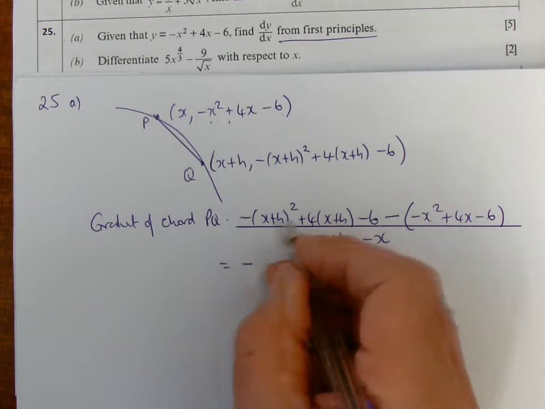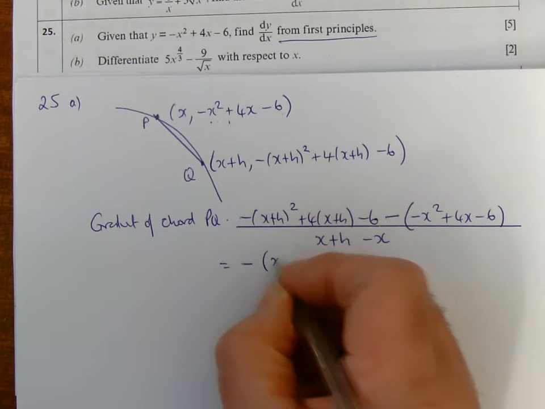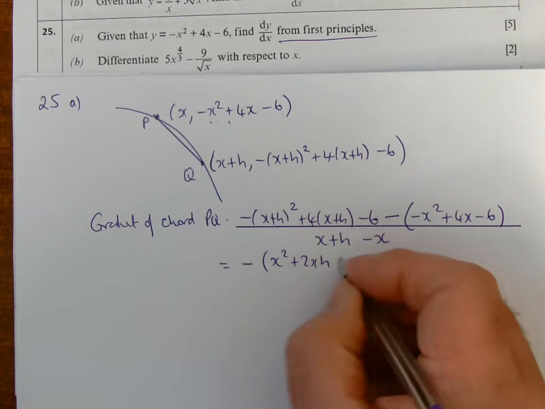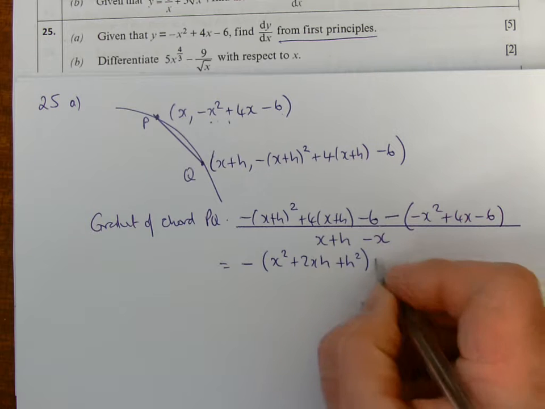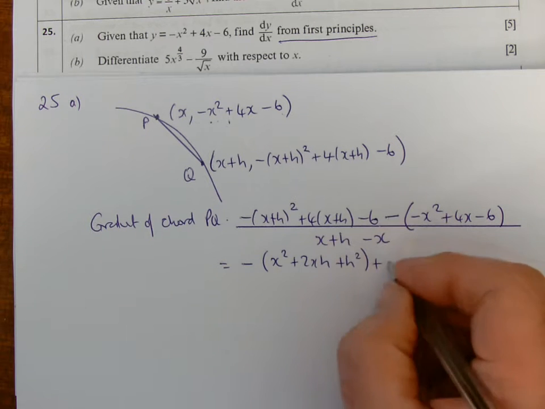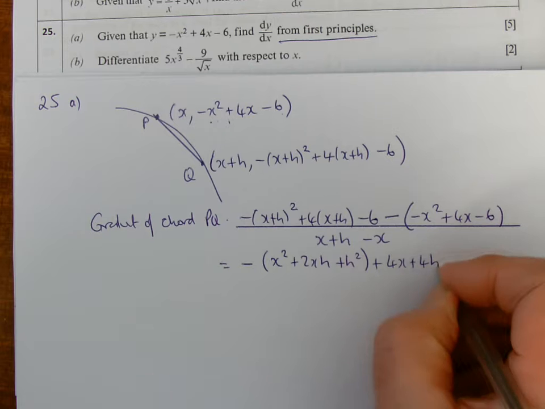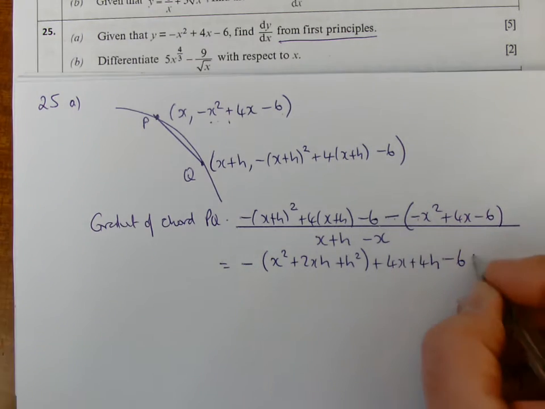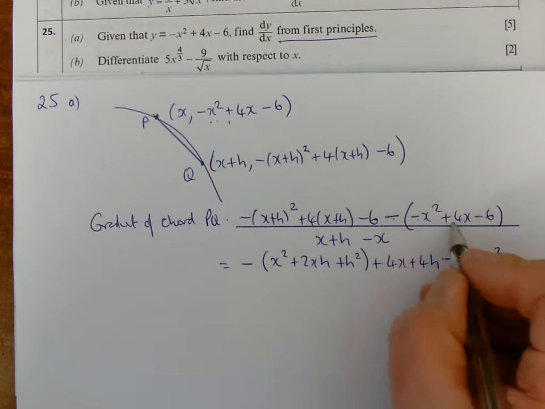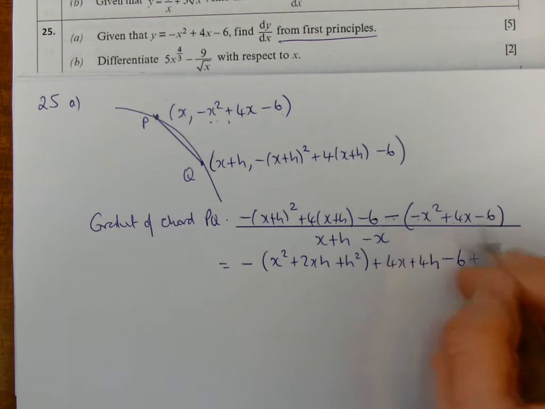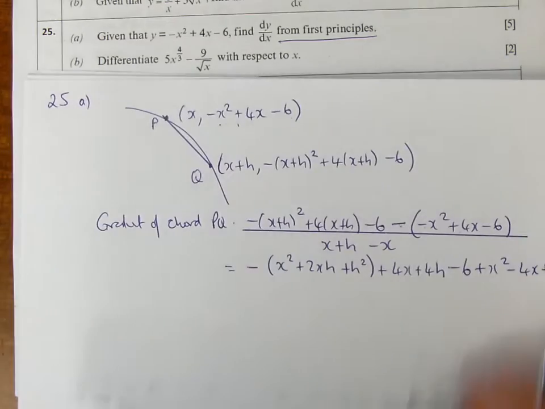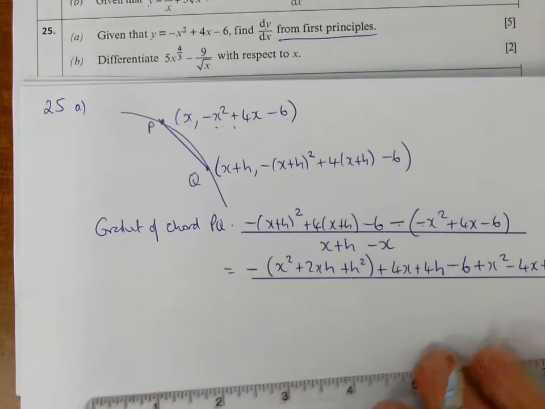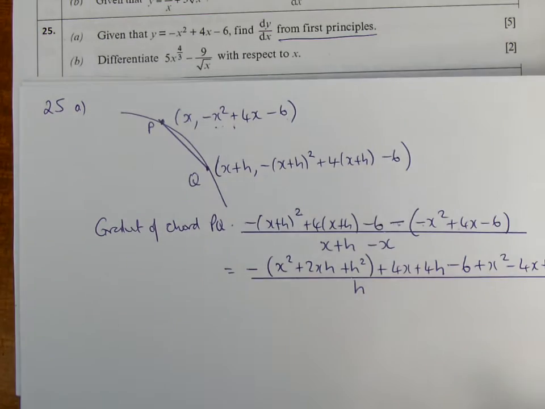So I square that bracket: x squared, multiply them together and double it, that's plus 2xh, and square the last, plus h squared, plus 4 times x plus 4 times h minus 6. Then the second bracket, minus minus is a plus x squared, minus 4x, and minus minus 6 is plus 6. The bottom line is x plus h minus x, which is just h.